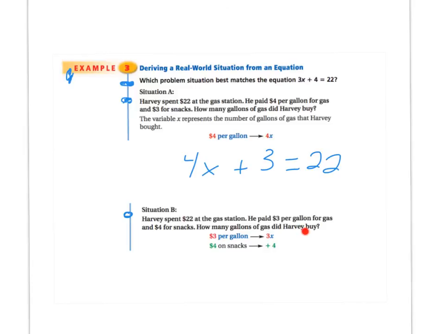So in this case, we would take 3 multiplied by the number of gallons, add on $4 for snacks, and that would give us our total of $22. So we can conclude that situation B best matches this equation right here of 3x plus 4 is equal to 22.